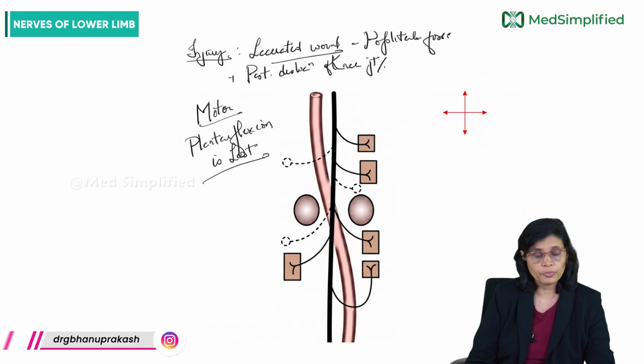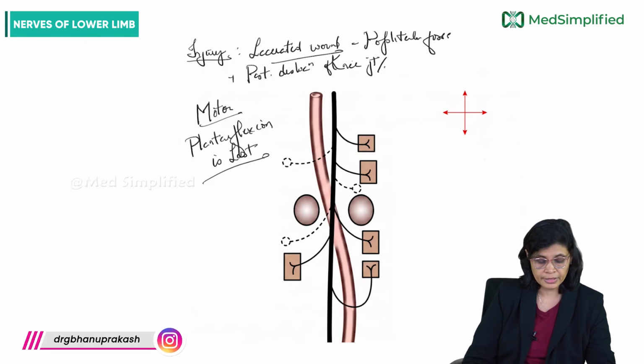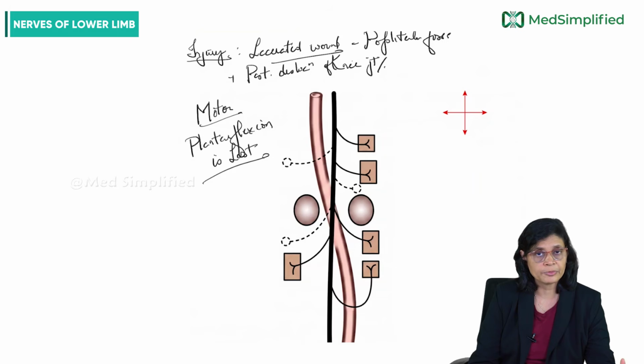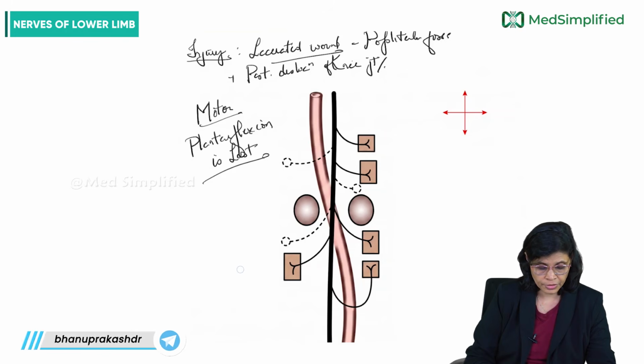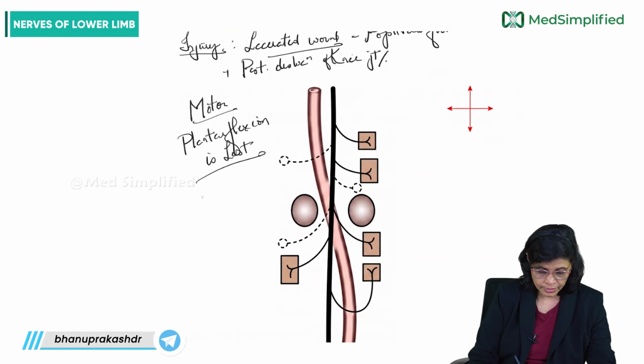There is loss of prominence of the calf muscles and the tendocalcaneus, because again there is paralysis of the muscles forming the tendocalcaneus, which includes the medial and lateral heads of gastrocnemius and soleus.